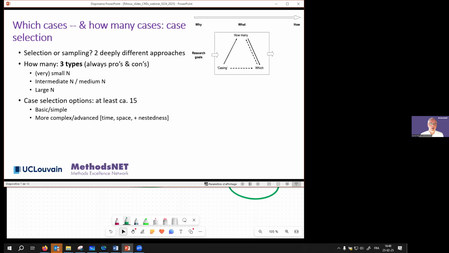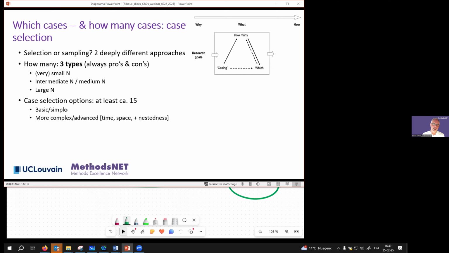About the case selection options, there are many of them, and I have tried to examine in an orderly manner, in a systematic manner, the options of case selection following a certain order, which I discuss at length in roughly a day and a half in the full course, moving from basic and simple and robust, in fact, options, which you should always consider.